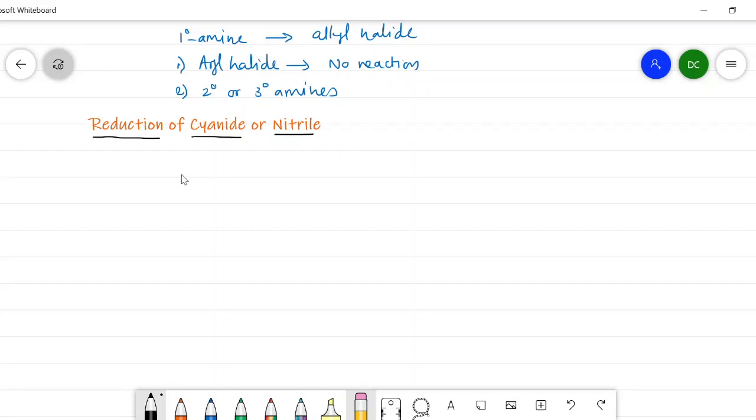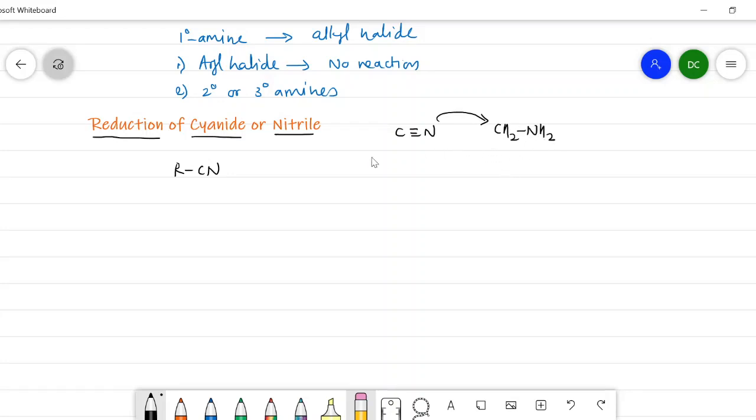We know that the cyanide or nitrile has the general formula RCN, with a carbon triple bond nitrogen. This carbon triple bond nitrogen we have to convert into CH2NH2.